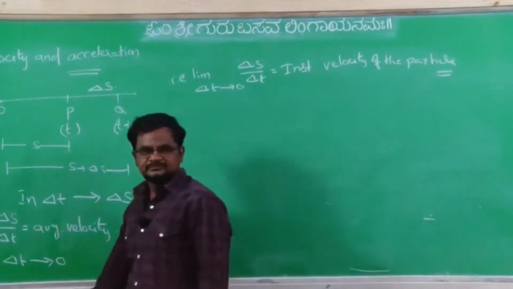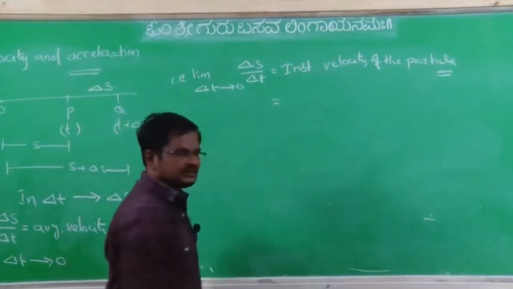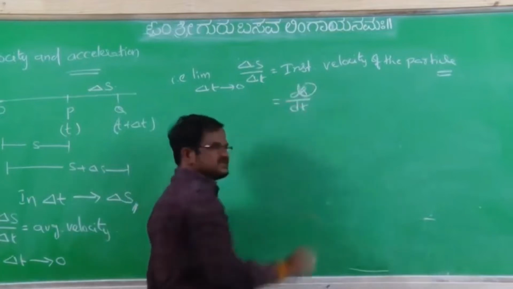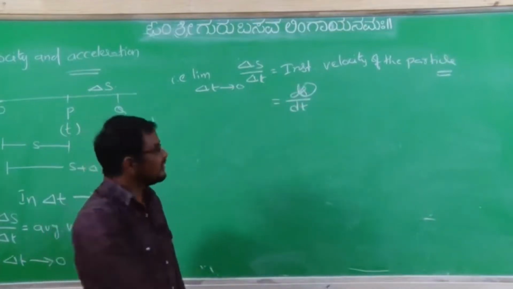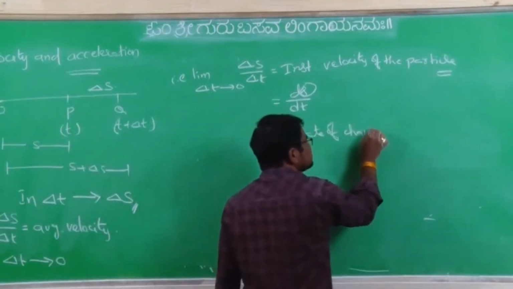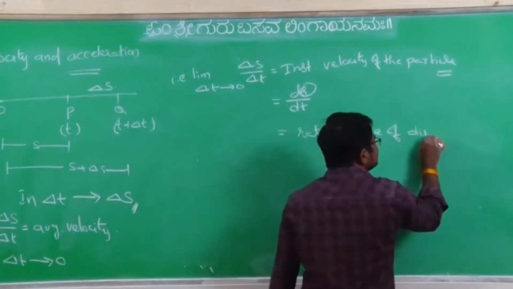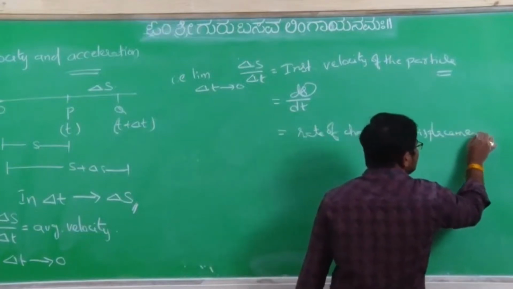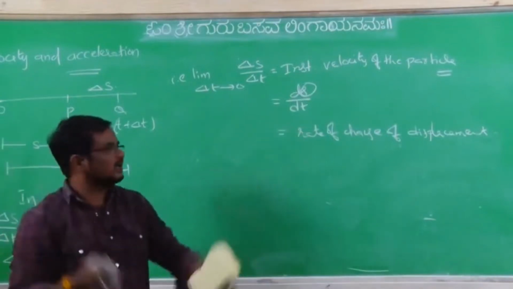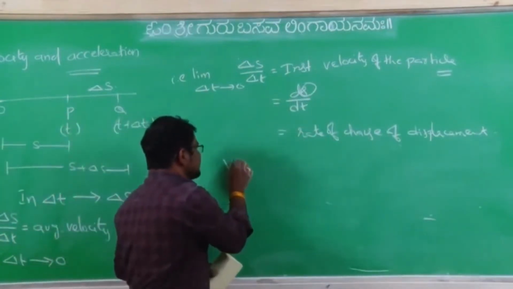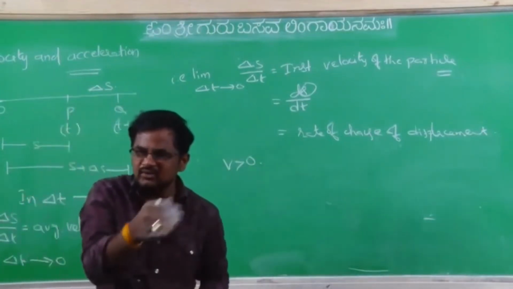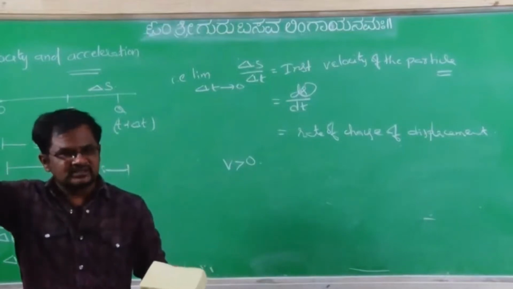The velocity of the particle is denoted by ds by dt. Here s is displacement, so it is nothing but the rate of change of displacement, which is velocity. Right? Here you already know that if v is greater than 0, s increases, meaning the particle moves away from the fixed point.